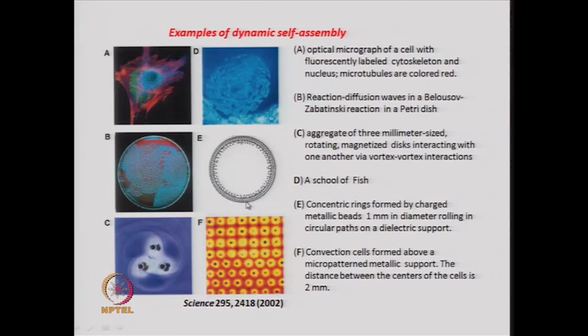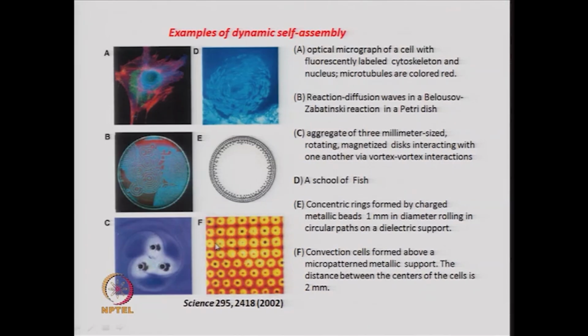This is again a man made system of charged metallic beads, which are around 1 millimeter in diameter, and they are rolling in circular paths on a dielectric support. So, when they do that, it appears that they have self assembled, and there is again dissipation of energy.